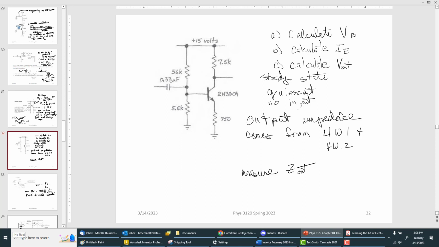Then you can calculate the I emitter. And it says calculate V out. Well, in this case, let me think about this, because I'm realizing now that this thing is quiescent. Oh, yeah. What's V out when I have no input? So I didn't make a mistake.